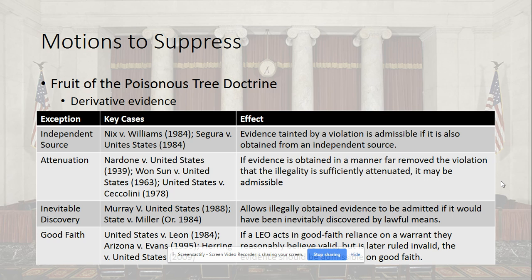Now, if I obtain further evidence from the illegally obtained evidence, then any of that additional evidence obtained from the initial piece of evidence that was illegally obtained is also illegally obtained and is all excluded.